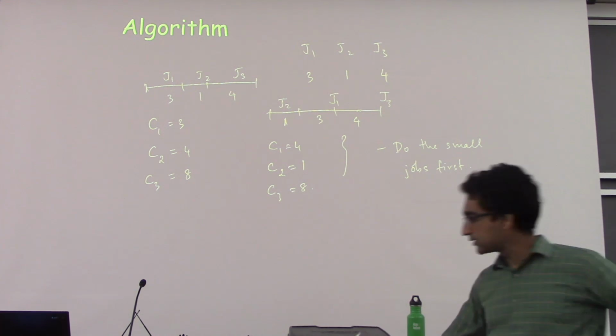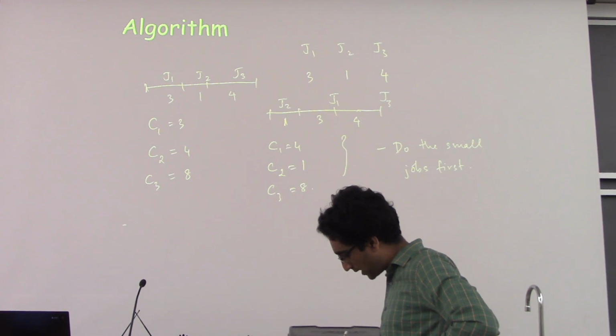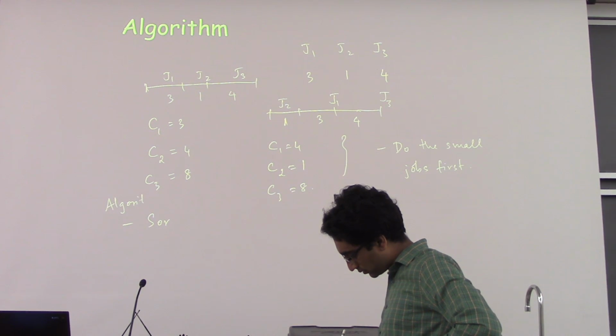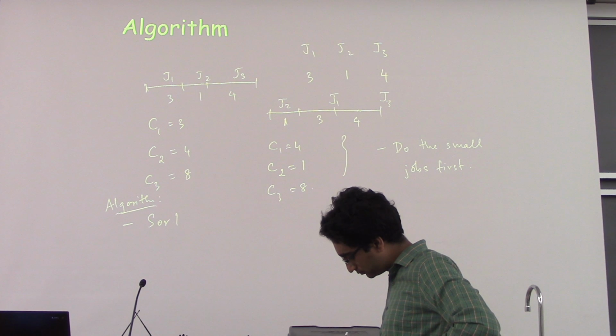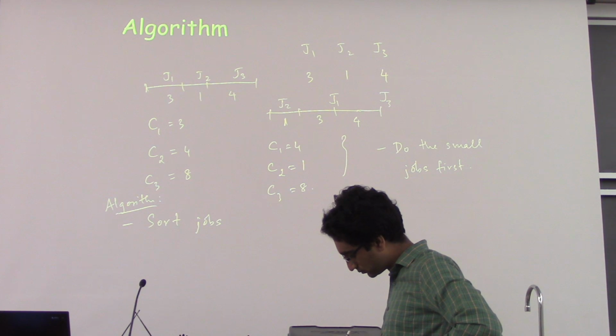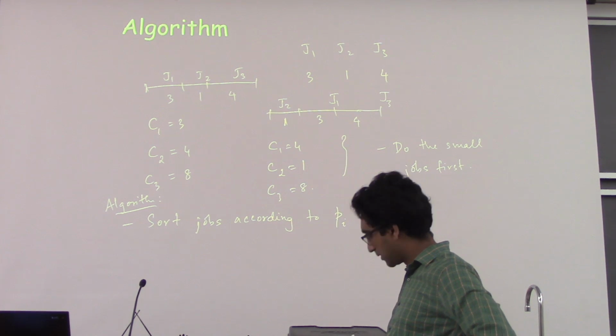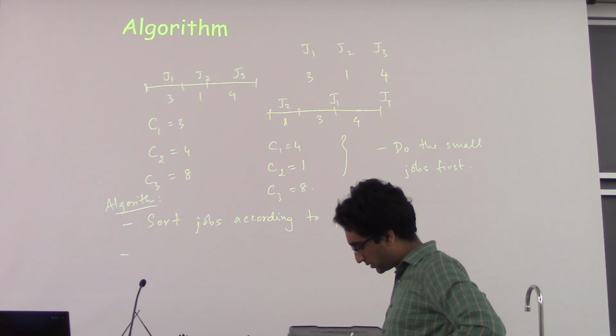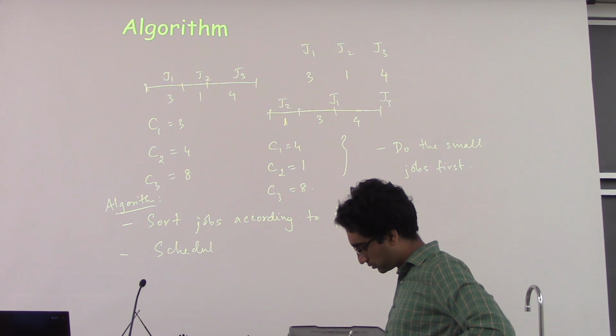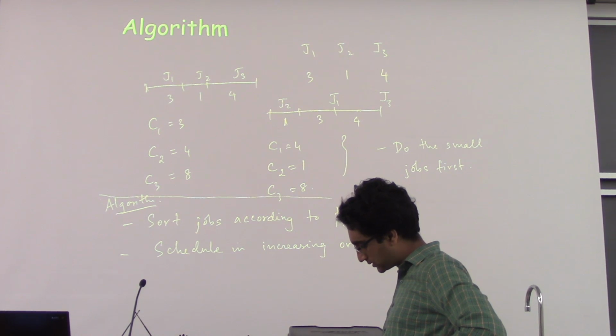Yeah, you just sort the jobs by p_i according to p_i and schedule in increasing order. Okay, so this is the very simple algorithm.